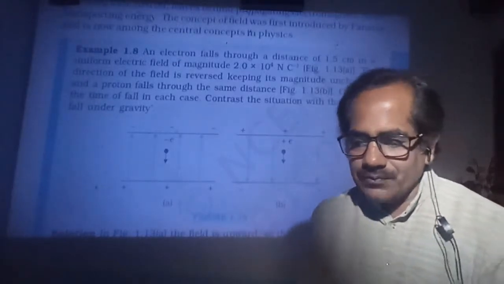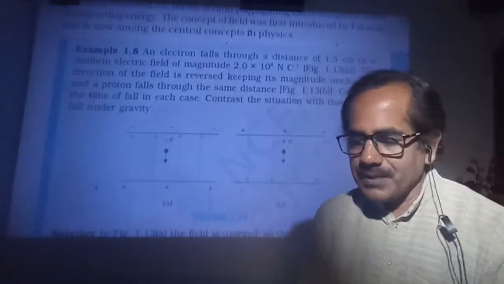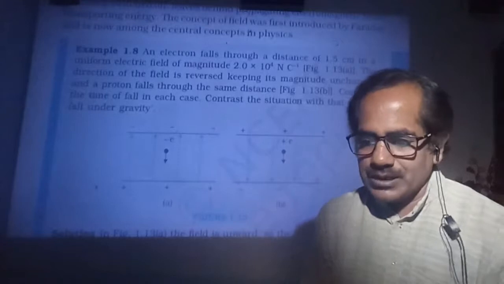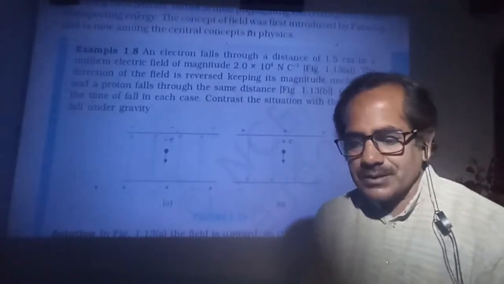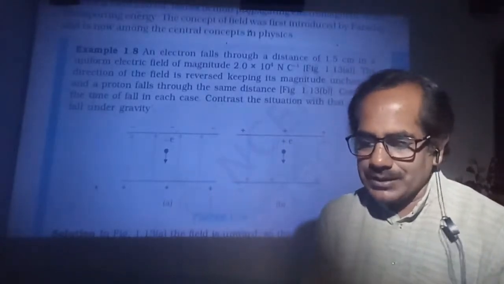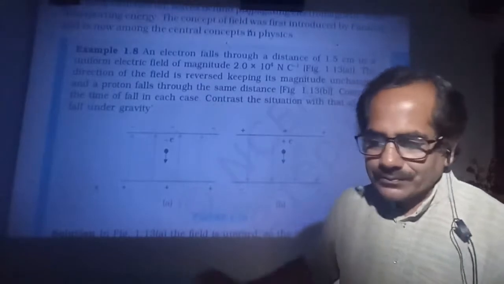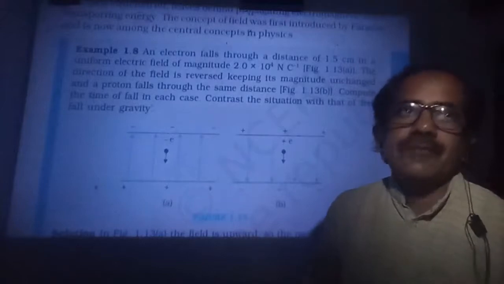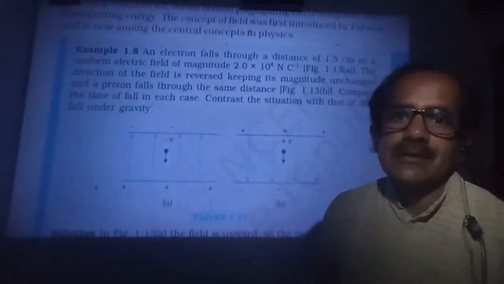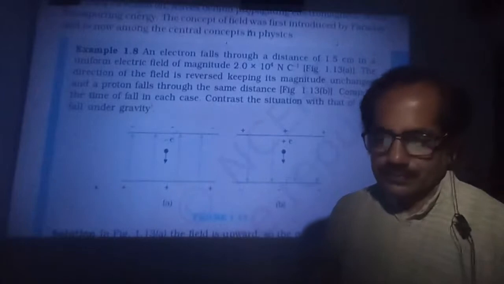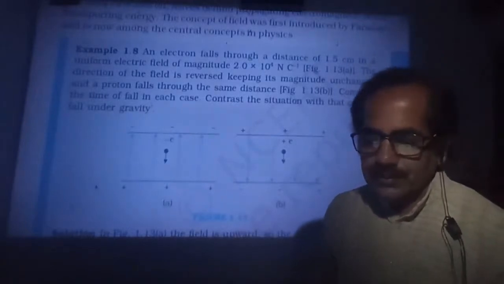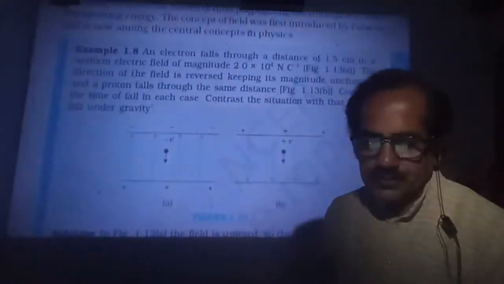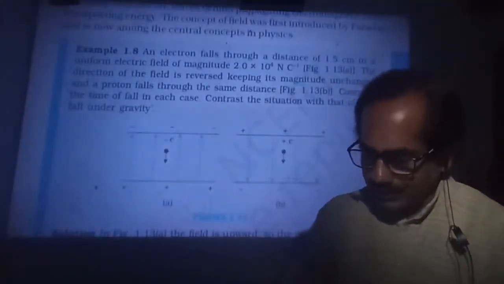The direction of the field is reversed, keeping its magnitude unchanged, and a proton falls through the same distance. Compute the time of fall in each case. Now here gravitational influence is not considered. Now we have, this is problem 1.8.